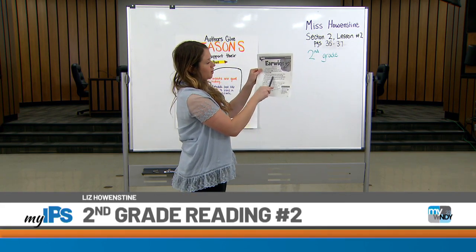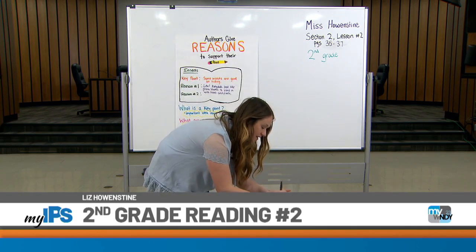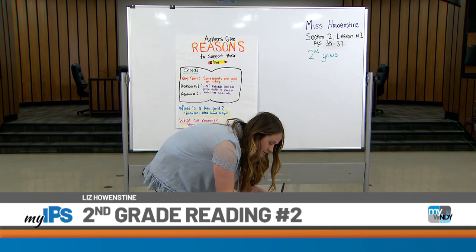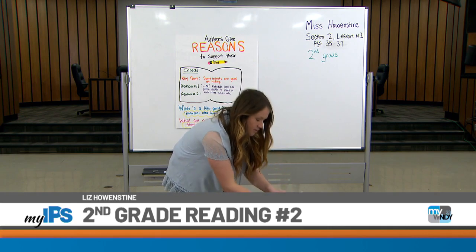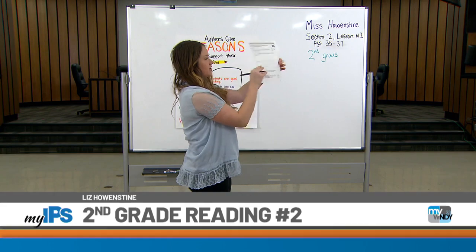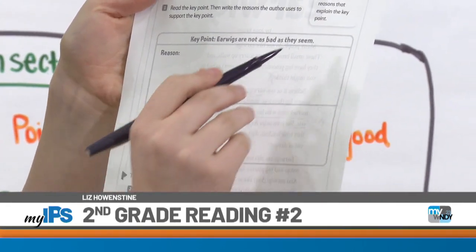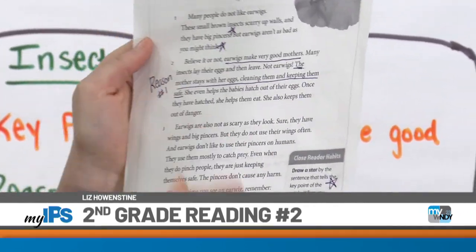These two underlines are going to be for reason number 1. So over here on the side by paragraph 2, I'm just going to write reason number 1. When you flip it over to copy this on the back, you see reason number 1. You're going to write all of that underlined onto the box.